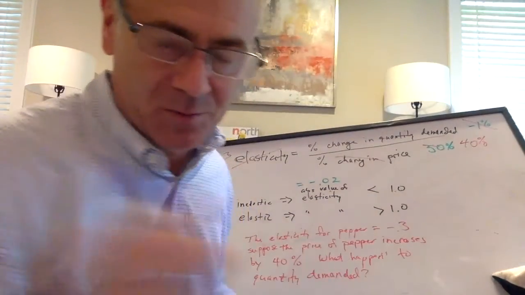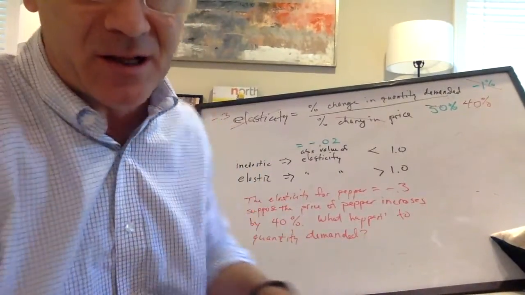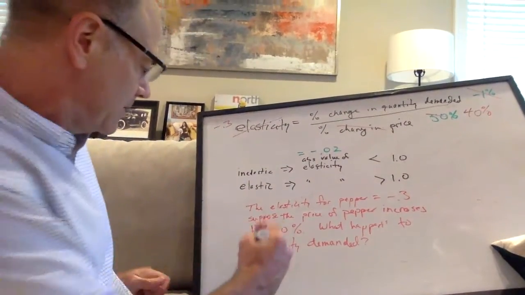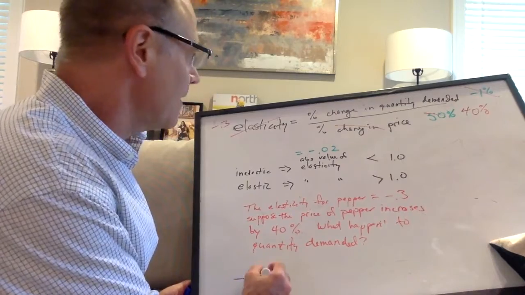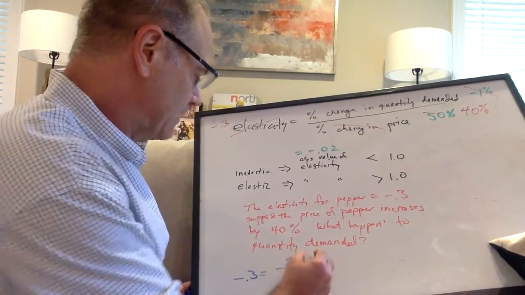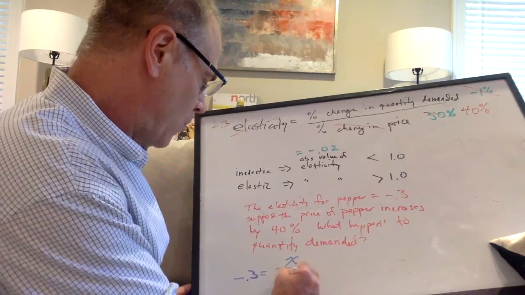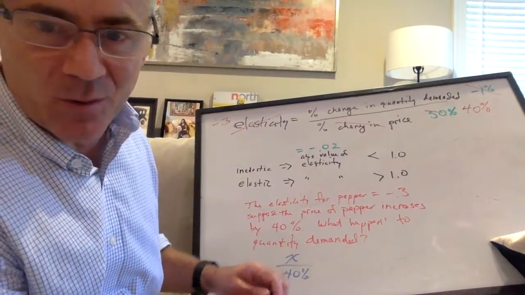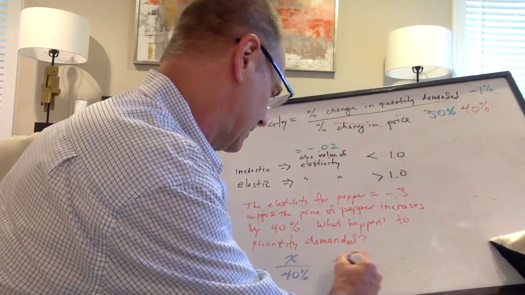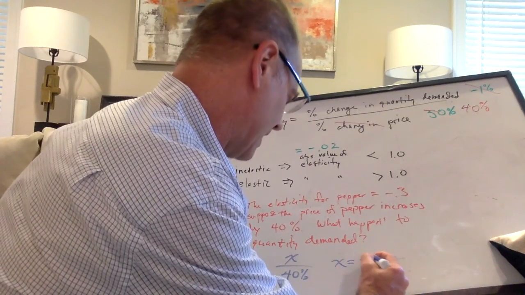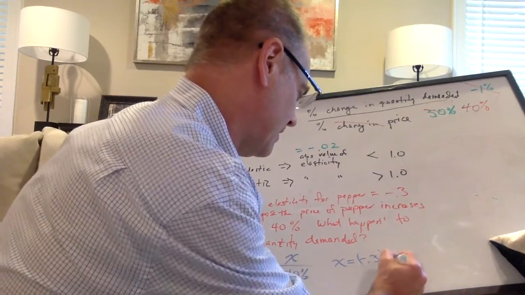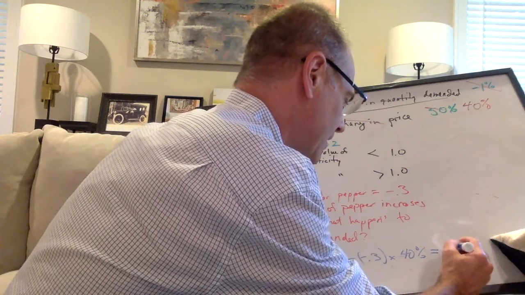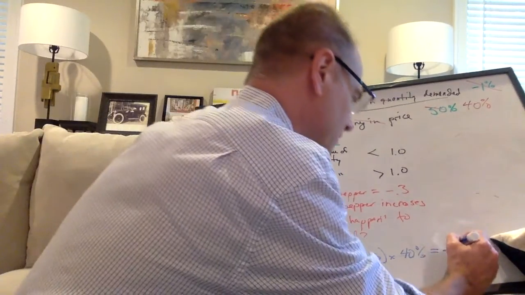Let me use blue to give the answer. Now it's just an algebra problem. Let's call the change in quantity demanded x. Negative 0.3 equals x divided by 40%. This is now just an algebra 1 problem. x equals negative 0.3 times 40%, which equals negative 12%.